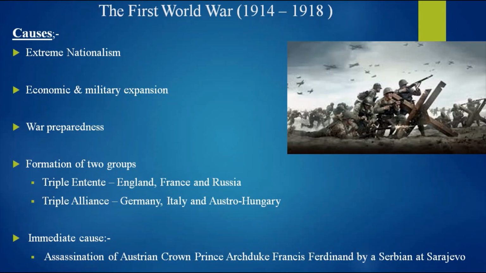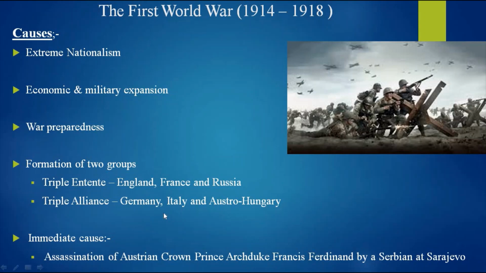Another very important cause is the formation of two groups in Europe: the Triple Entente and the Triple Alliance. The Triple Entente was formed by England, France and Russia. Against that, the Triple Alliance was Germany, Austria-Hungary and Italy.